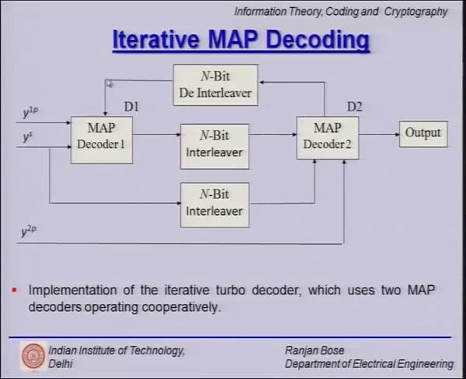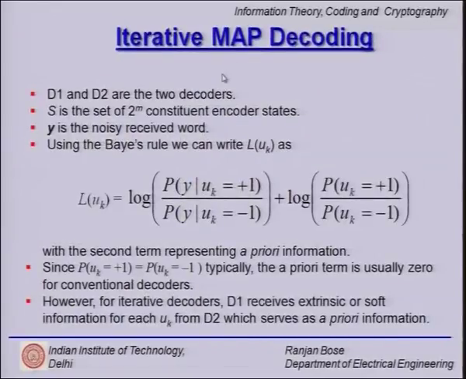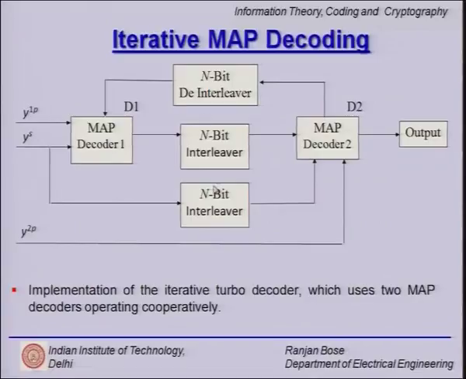You can estimate this capital D1 and capital D2, and then we have a deinterleaver which passes to decoder 1. We have looked at this block diagram earlier, and then through the interleaver you look at decoder 2 and so on and so forth, and finally you give the output. So, we are using 2 MAP decoders operating cooperatively. That is the iterative MAP decoding algorithm.